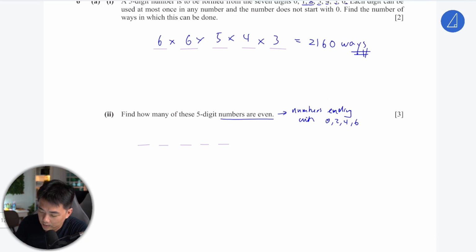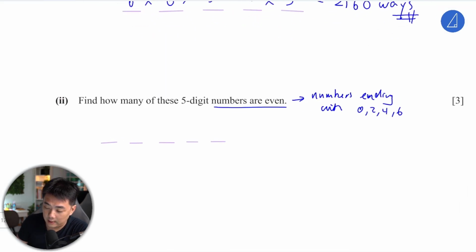But the problem now is because 0 is a very touchy digit. If I put 0 here, we could have a lot more choices in front as compared to if I put 2 here. We have fewer choices because we can't put 0 in the first place. So we need 2 cases here.